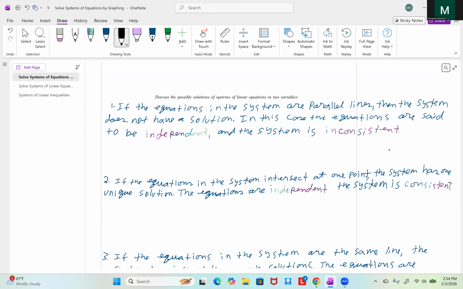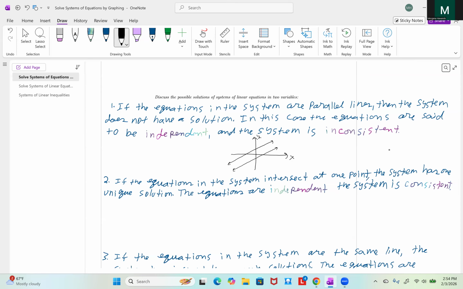So given two equations in a system of linear equations in two variables, if we graph the two lines and they do not intersect, they are parallel lines. That means they don't have a solution. In this case, we say that the system is inconsistent and the equations are independent.